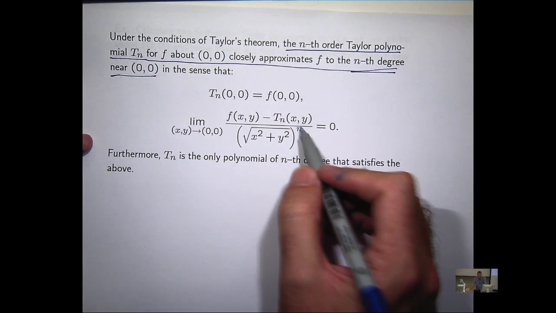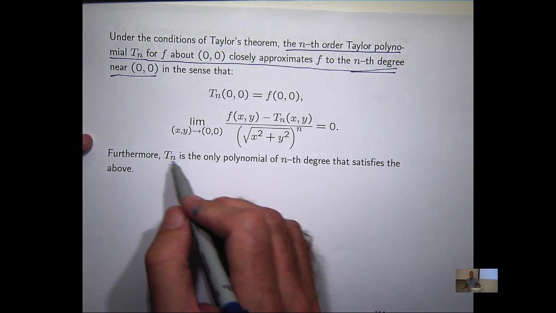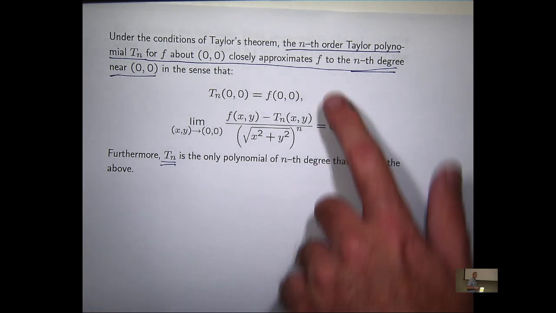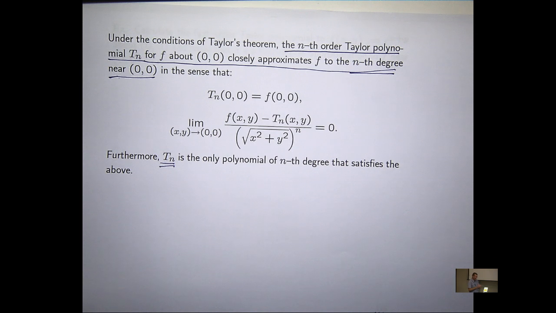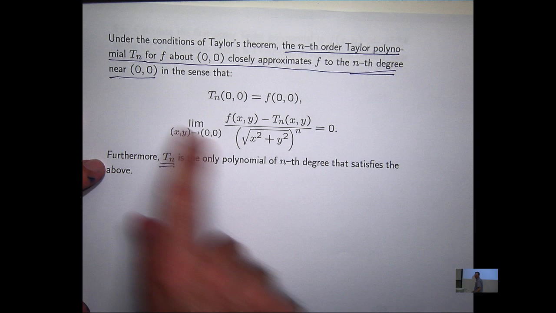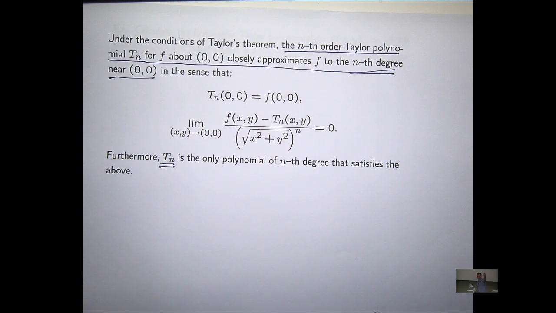You see we've got the power of n down here, and furthermore, the nth order Taylor polynomial is the only polynomial of nth degree that satisfies these conditions. In other words, the Taylor polynomial is the best polynomial of that degree or less that satisfies this. All right, so let's look at an example and see how we can put this all together.